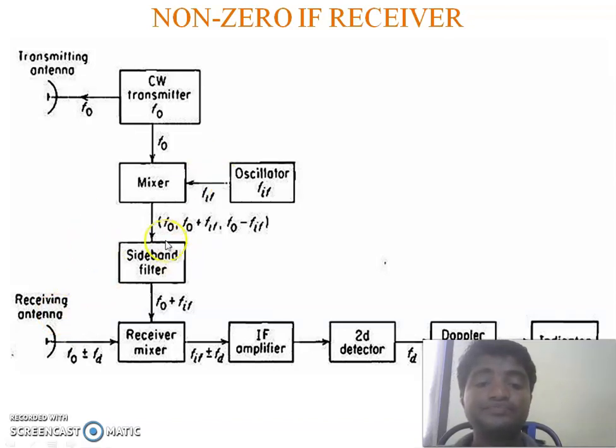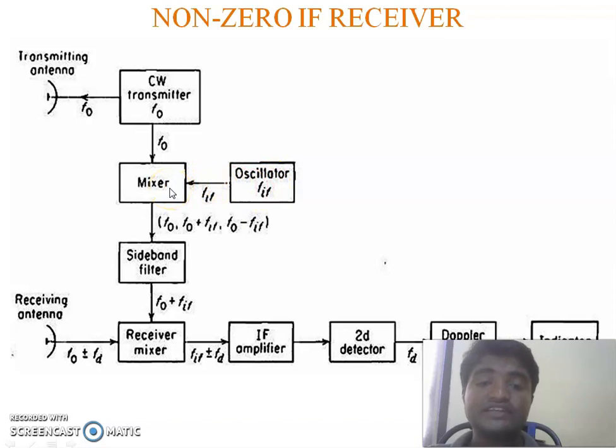And then the local oscillator signal in the receiver is derived from the transmitted signal frequency f0 and the local oscillator frequency FIF. These are given to the mixer.